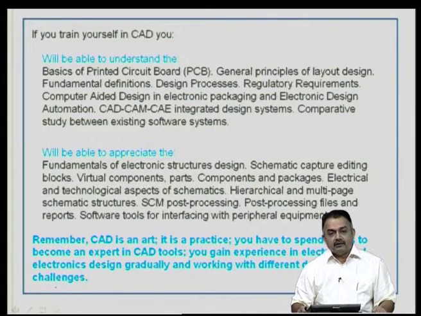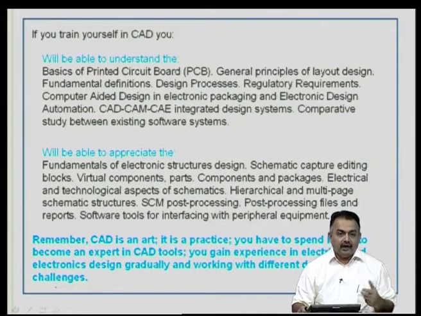In another sense, for example, if you have designed a 4 mil line in your printed circuit board design, but your local manufacturer is not able to manufacture a 4 mil line, that is 100 micron, then obviously you have to spend a lot of time in redoing your circuit to upgrade the 4 mil line to a 6 mil line or 8 mil line. Now, you have to analyze whether for your circuit an 8 mil line is not going to work.